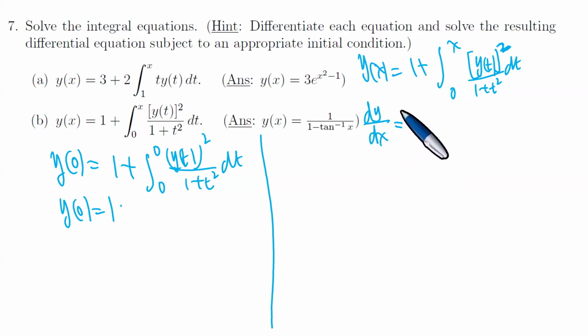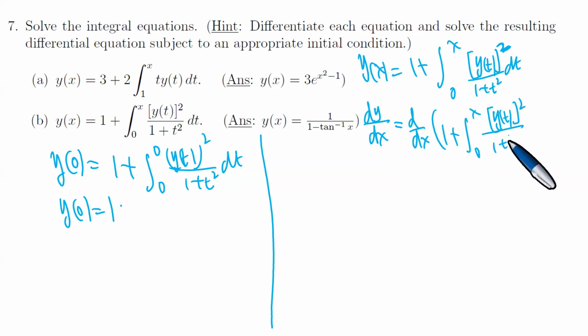So now if you find the derivative, you differentiate both sides. 0 to x, 1 plus t squared dt. So this is 0, and then you find the derivative of this.